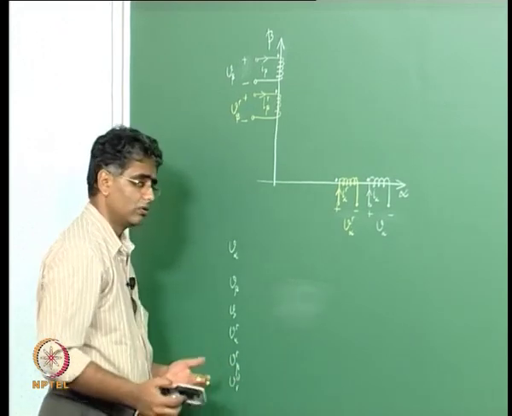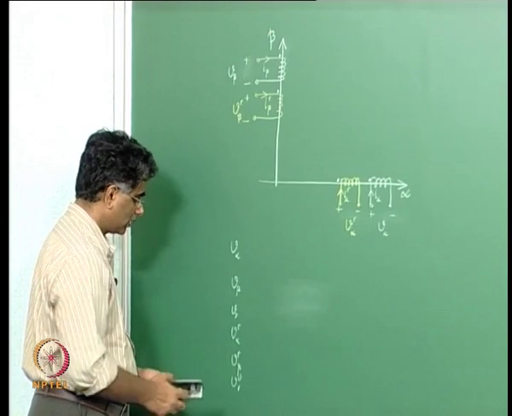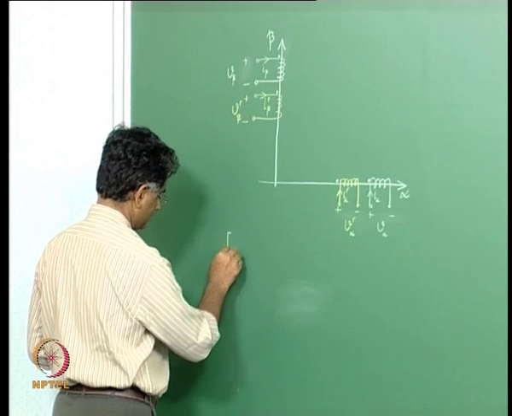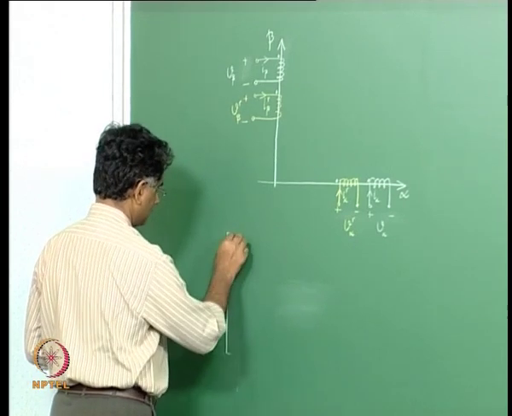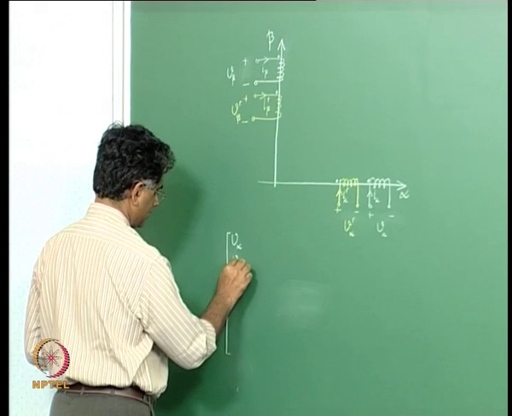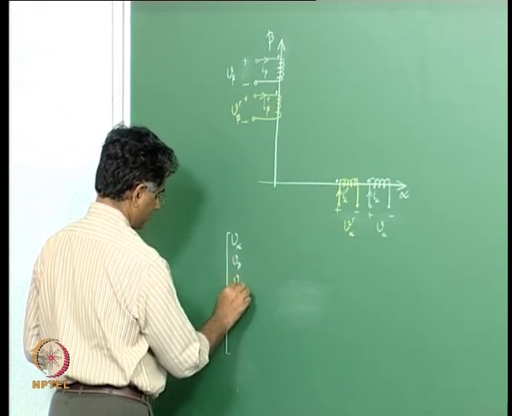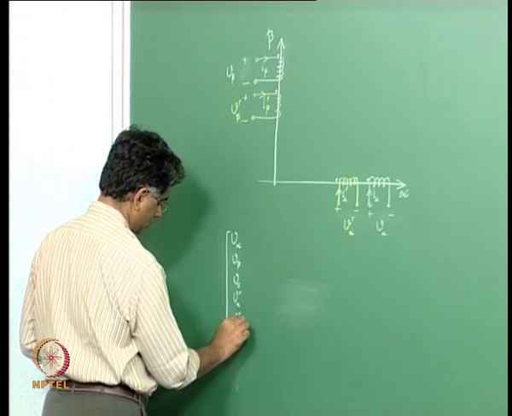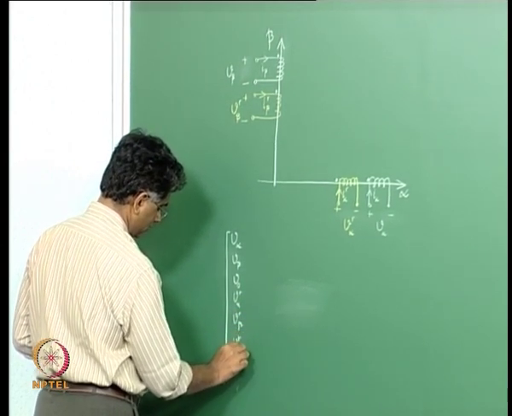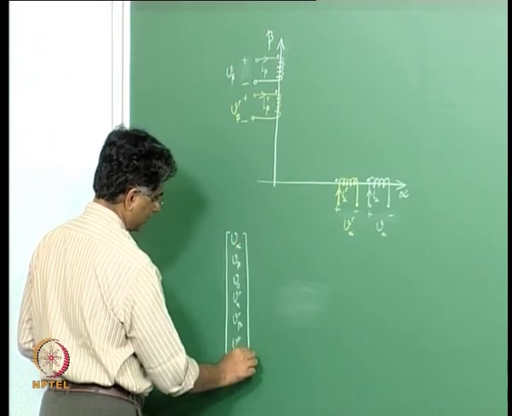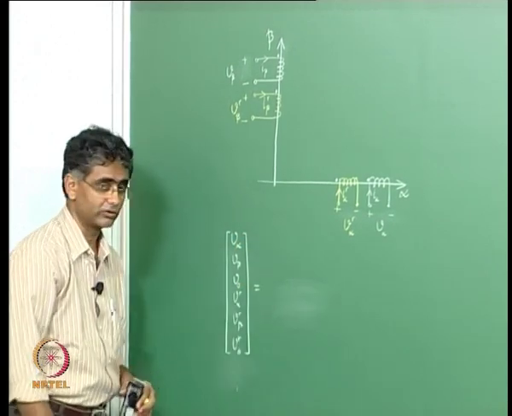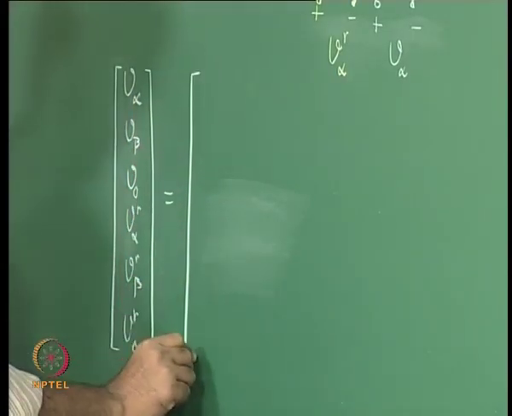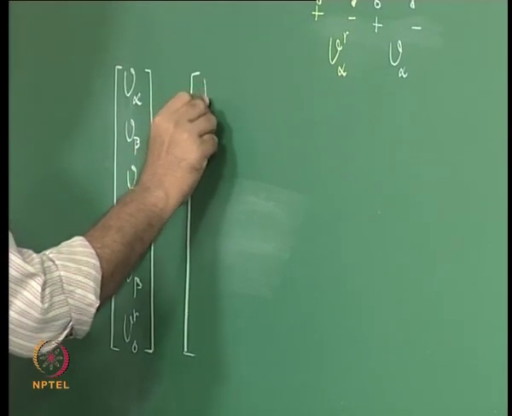Let me put it as a vector: V alpha, V beta, V 0, V R alpha, V R beta and V R 0. So this is the vector of inputs that are applied, zero sequence included.